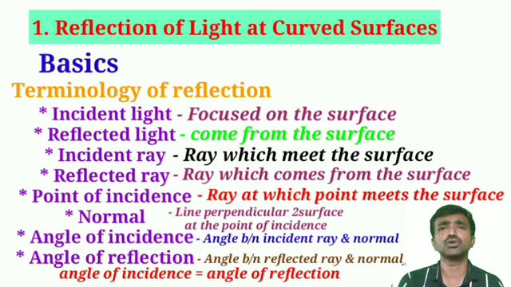So you have two laws: one is about the angle of incidence and angle of reflection, and another one is the plane of reflection. This discussion will be in the next class, where I will explain the laws of reflection.